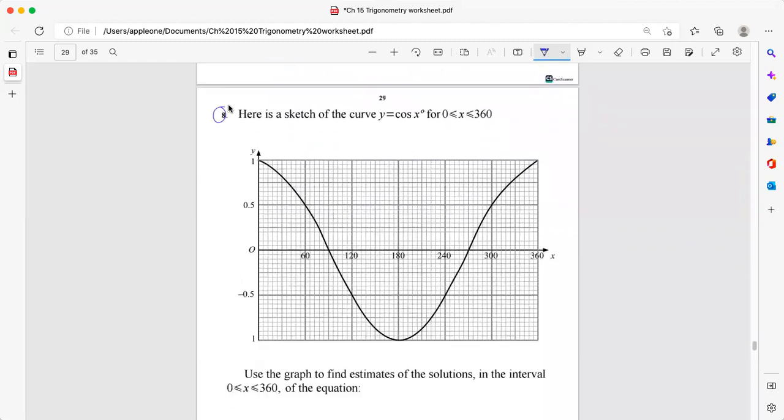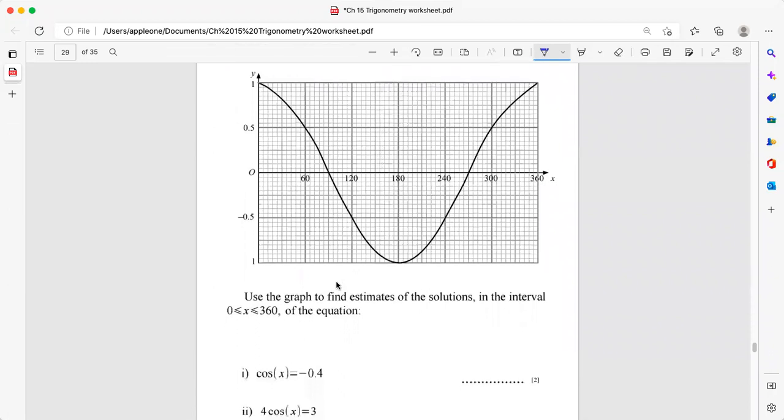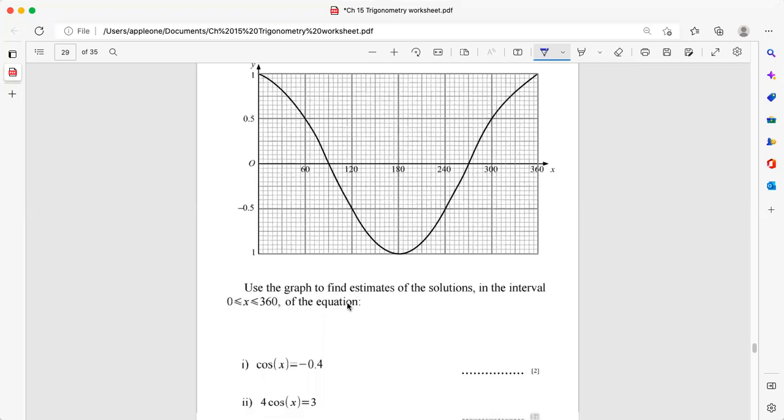Now question number 8. Question 8 says, here is a sketch of the curve y equals cos x. Use the graph to find estimates of the solutions in the interval. They don't want exact values, they basically want estimated values. Now, what is x when cos x is minus 0.4?